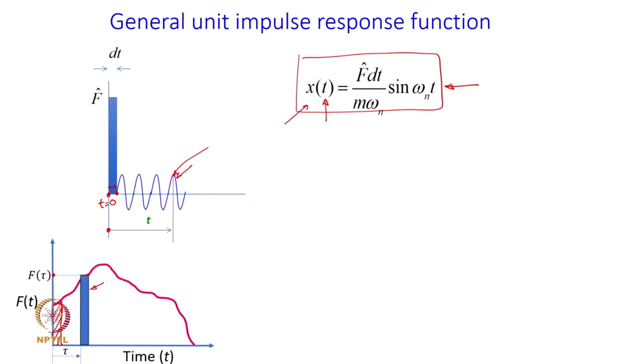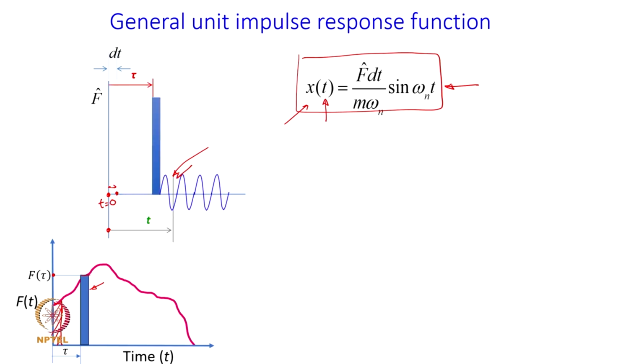However, if this impulse happens after a tau period of time, then instead of the response being this value which we saw earlier, the response at time t is actually this value. So, a completely different value of the instantaneous response is obtained if the time parameter is not properly scaled to map the impulse acting at the position tau.